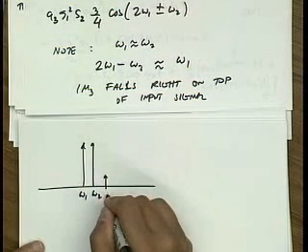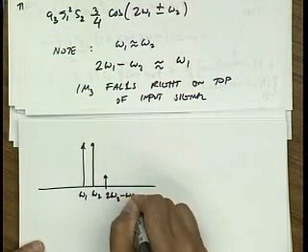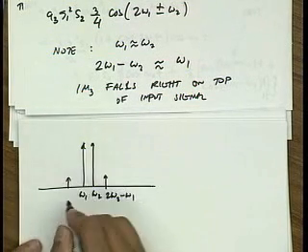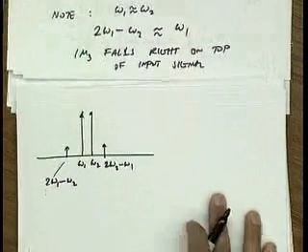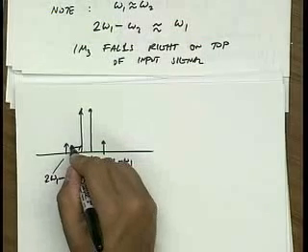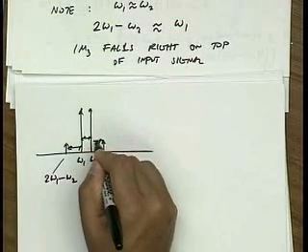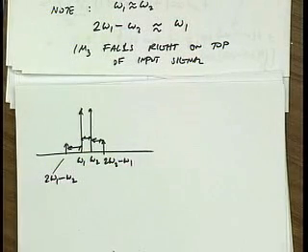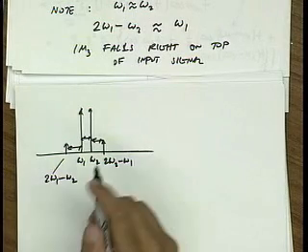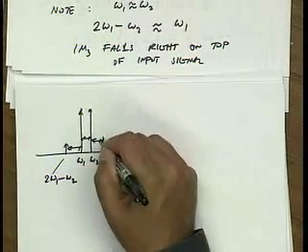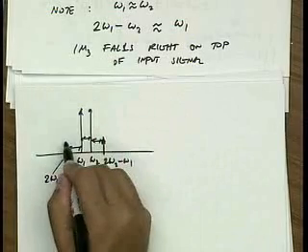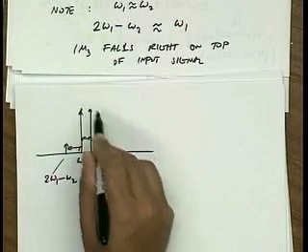So this is 2 omega 2 minus omega 1. This is 2 omega 1 minus omega 2. And the spacing here is always the same. It's omega 1 minus omega 2. I didn't do a very good job to show that. But the idea is that these frequencies now can be very close to the band.